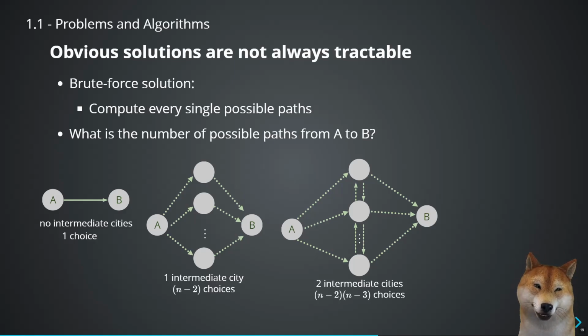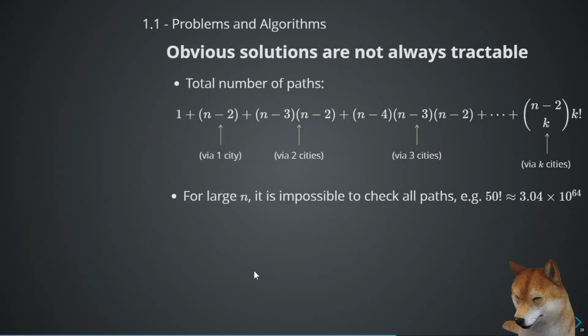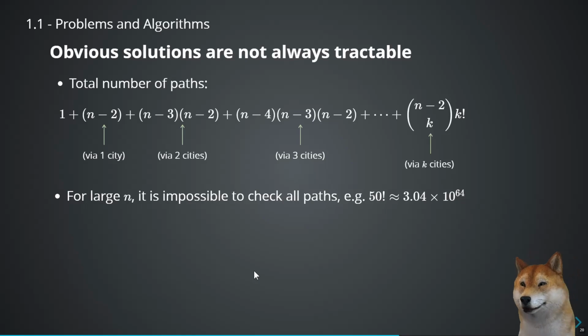Of course, you can also go to 2 different cities before you go to B. Like A, another city, another city, and then B. So there you will have n minus 2 times n minus 3 choices. I hope you can work out how I get those n minus 2 and n minus 3 choices. Just simple combinations.